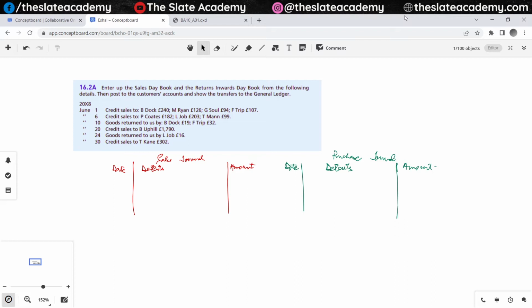Again, for this one, there would be 3 columns: date, details, amount.